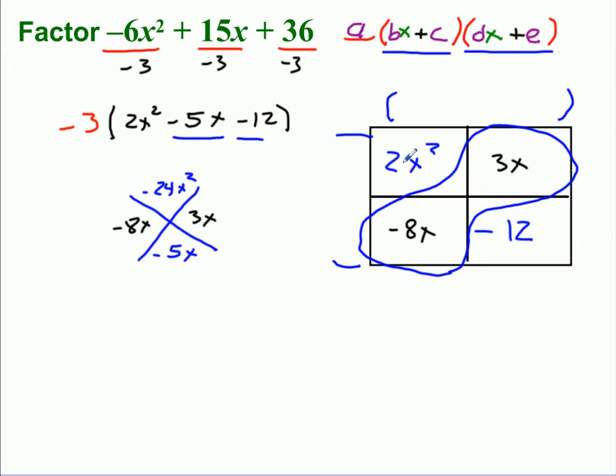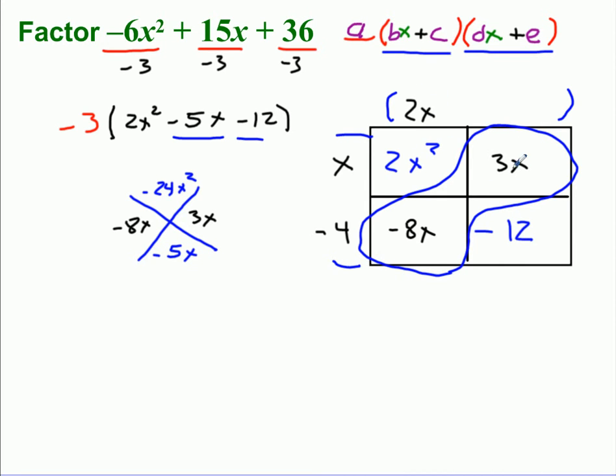The greatest common factor of 2x squared and 3x is just x. The greatest common factor of negative 8x and negative 12 is negative 4. Again, if the first term here is negative, I'm going to factor out a negative factor. The first term here is positive, the top one is positive, so I'm just going to factor out a 2x.